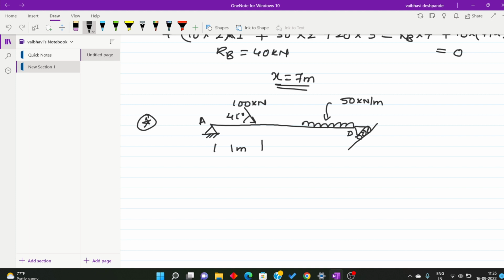They have given this angle, that is 1 in 2. This distance is 1 meter and this distance is 3 meters. Let us say this as point B, this as point C. This is 3 meters.